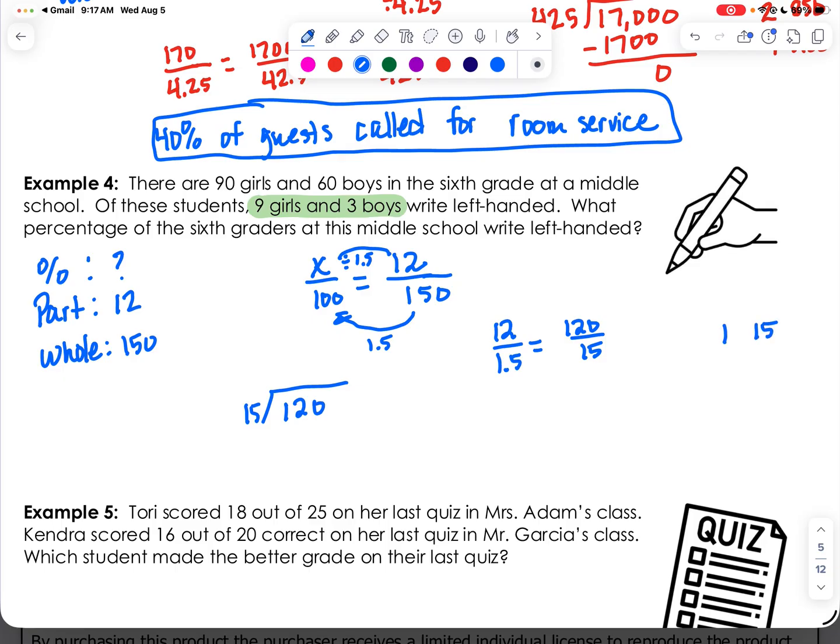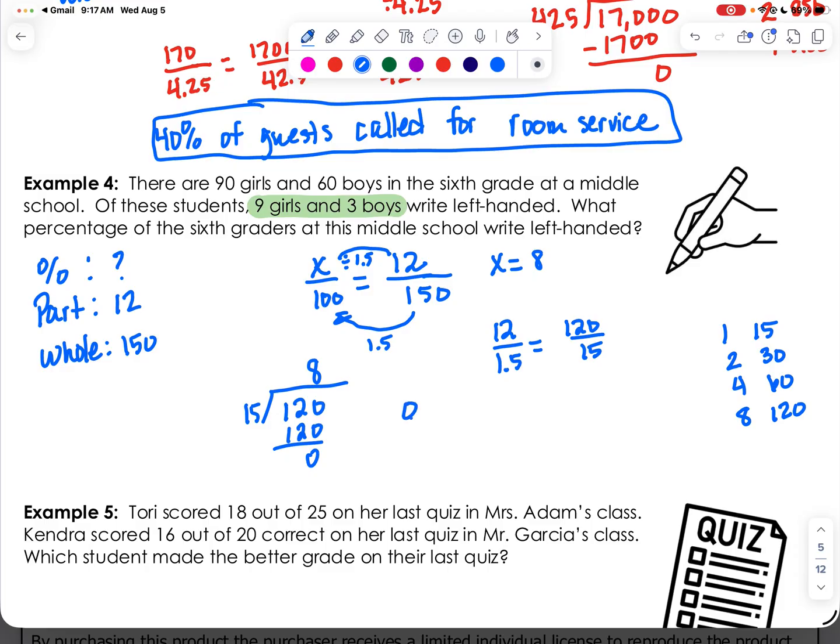1 times 15 is 15. If I double that, that's 30. Double it again, and I get 60. Double it again, and I get 120. So I know that 15 goes into 120 8 times with a remainder of 0. So here x is equal to 8.